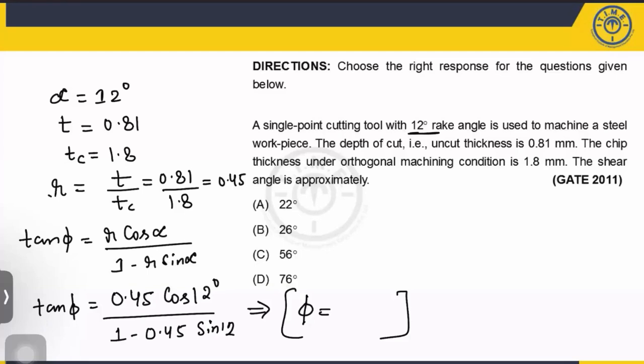What is the value of shear angle? Very simple, no? 0.45 cos of 12 degree divided by 1 minus 0.45 sine of 12 degree. Are you getting 26 degree?